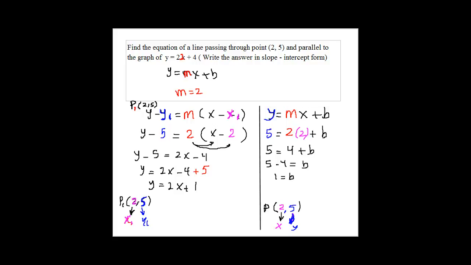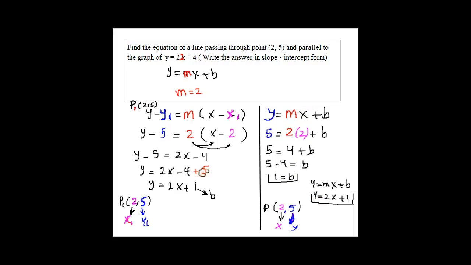So you saw I get the same answer here. The y-intercept would be 1. So there we have it. Y is equal to mx plus b, so y is equal to 2x plus 1. Either way you do this, you get the same answer. I personally prefer to use the slope-intercept formula to solve for them.